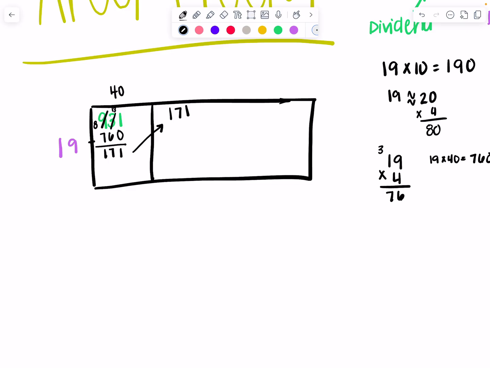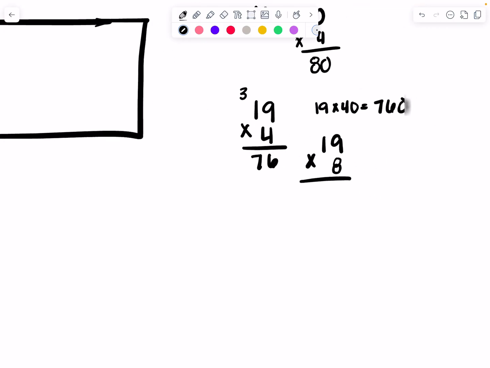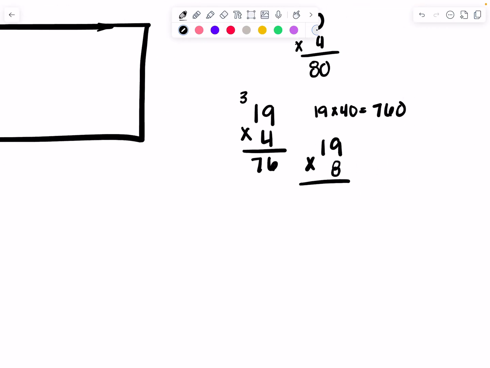So if I'm looking at 170 and I know that 19 is approximately 20, I know that 20 times 8 would give me 160. I'm just thinking of friendly numbers. So I'm going to try 19 times 8 to see what my product would be, to see if that's something I could subtract.